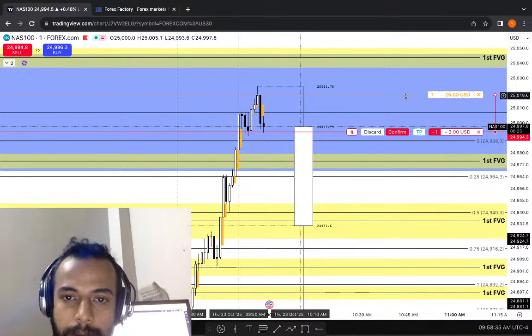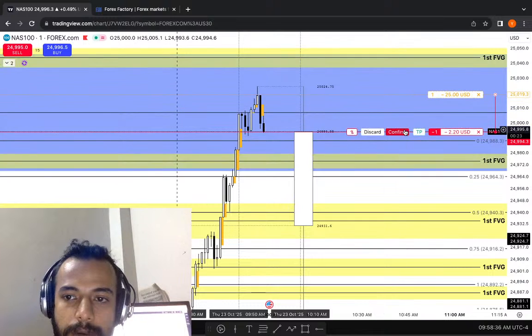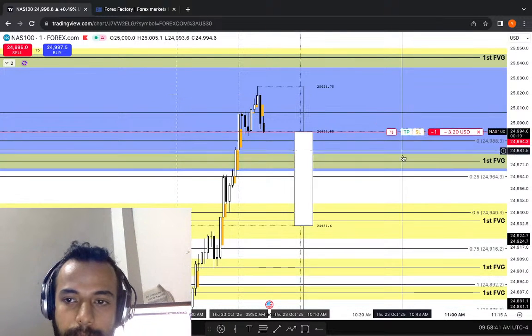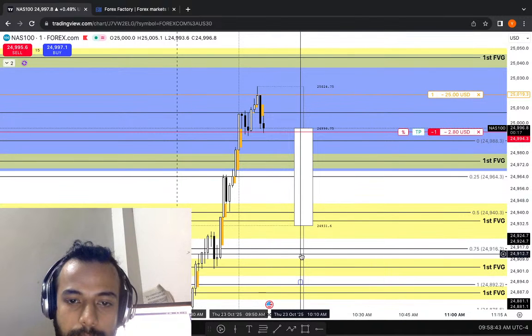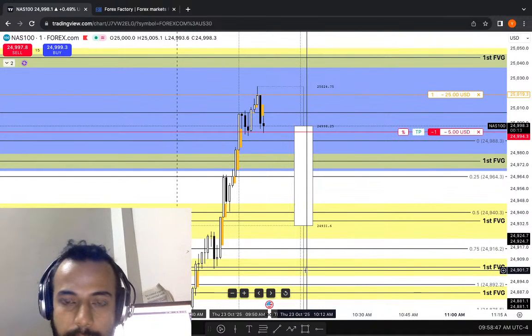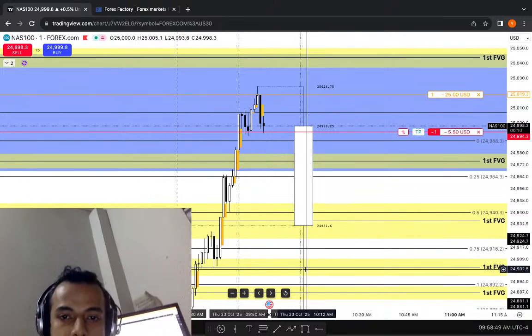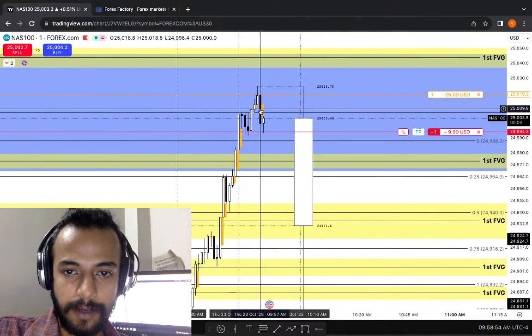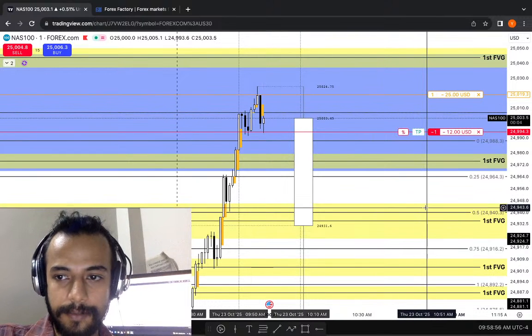So I'm risking around 25 points. I'm looking for it to draw down into the first presentation fair value gap, but let's see, and this will be good if they did not completely fill this.